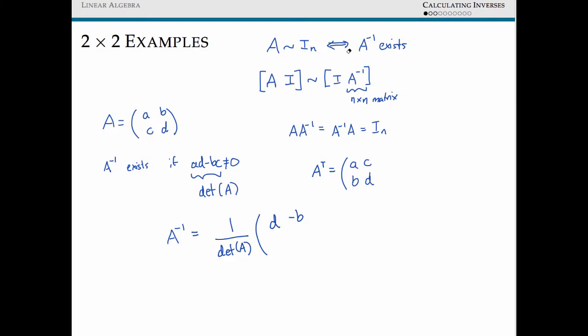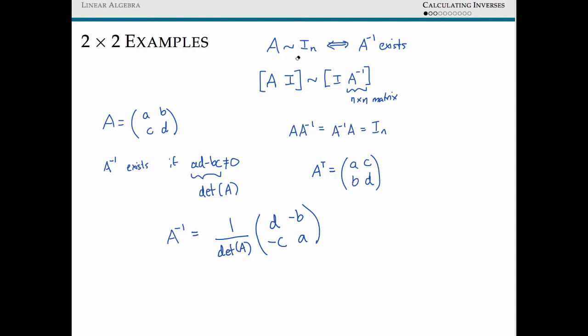There's a clever reason all of this works that we'll get to see a little later, which is a procedure to remember how to find these things. To get our entry here, we cross those out and put a negative C there, and we cross out our second row and second column to get a positive A here.